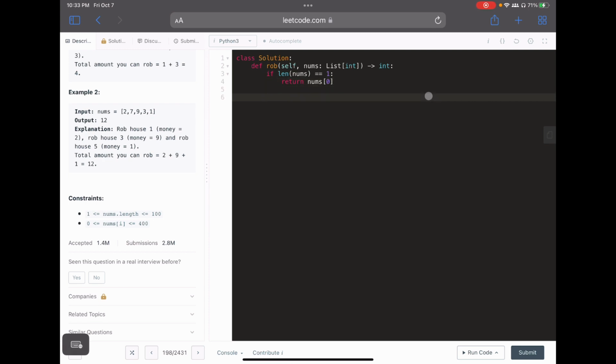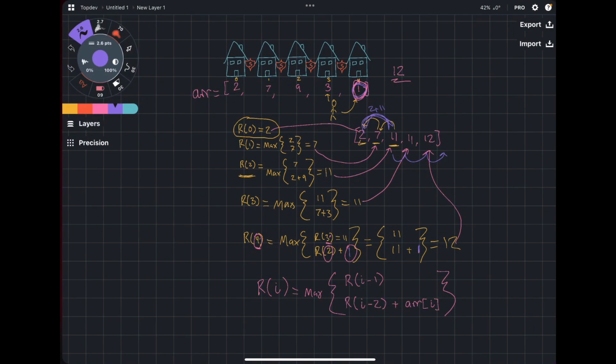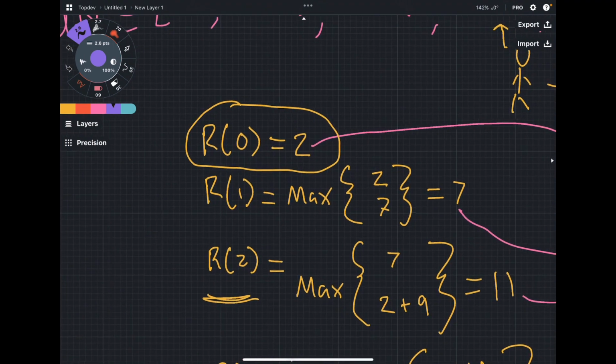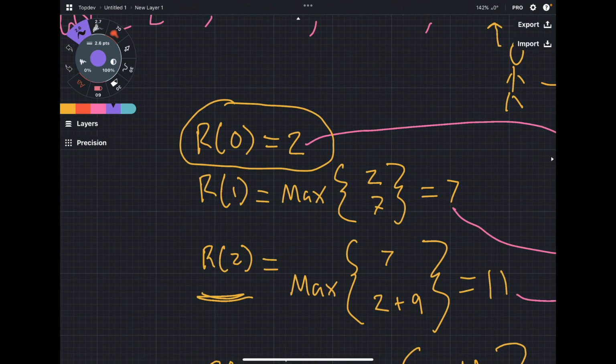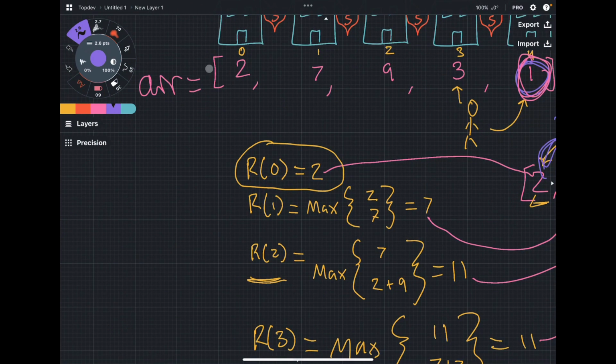Now, what's going to happen at our nums value of 1? Okay, so this is the second number in our array, but it's basically the 7 in this array right here. What's that going to be equal to? Well, we already determined from our system over here that the profit at 1 is going to be equal to the max of the first number, which was a 2, and 7.